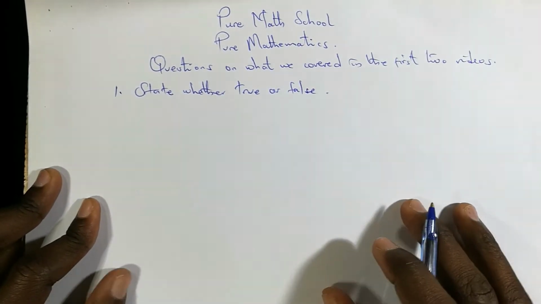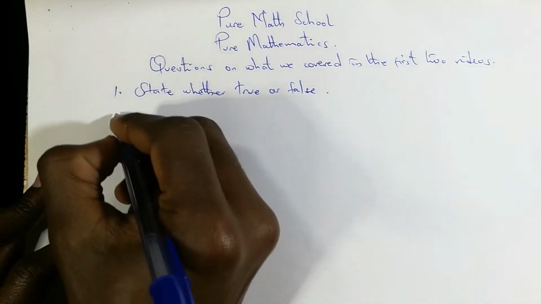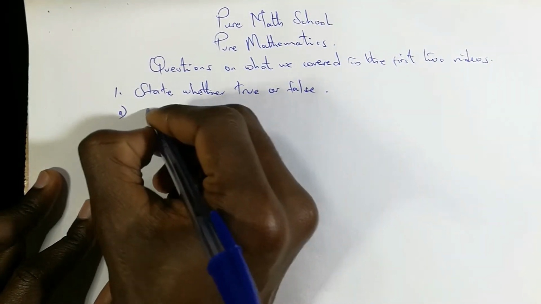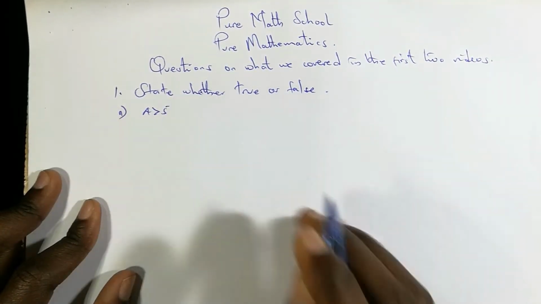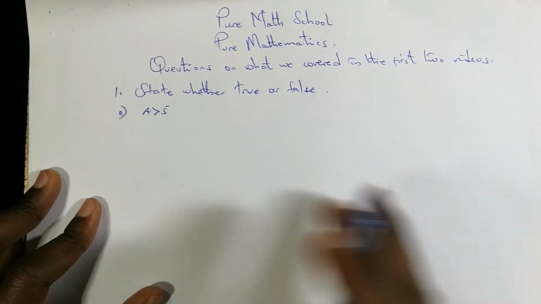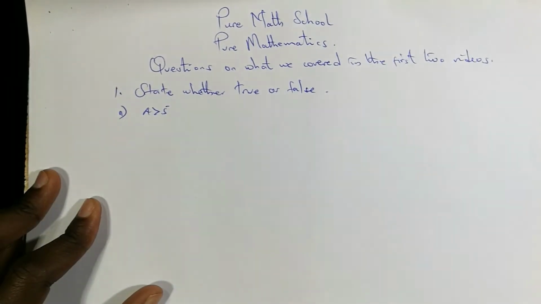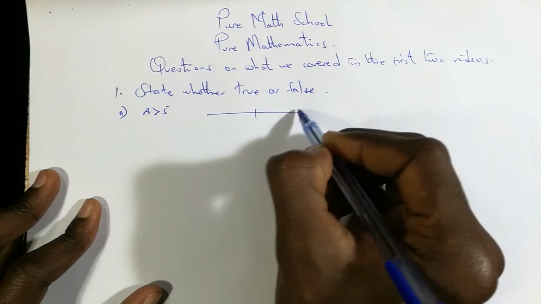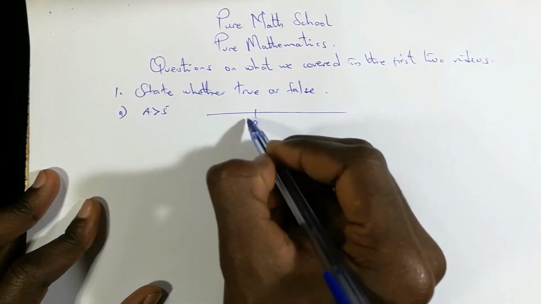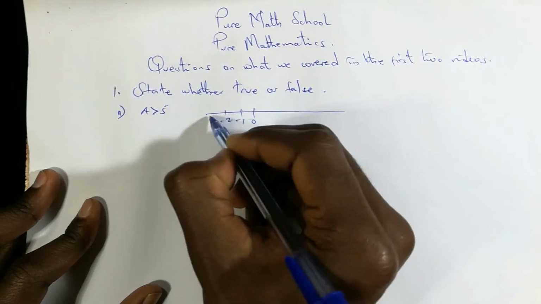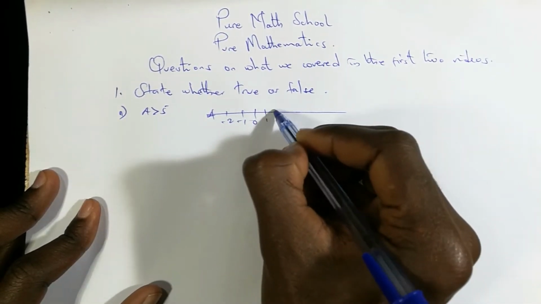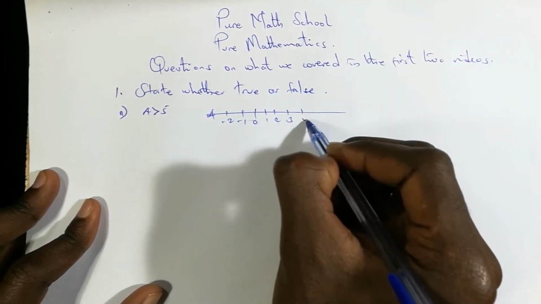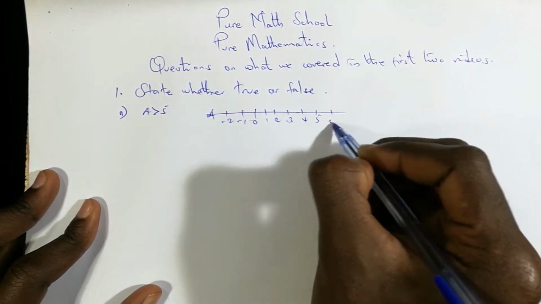The first one you can take a look at, we have 4 greater than 5. When you have something like this, you remember we have to reflect back to our number line: 0, -1, -2, then we have 1, 2, 3, 4, 5, 6.